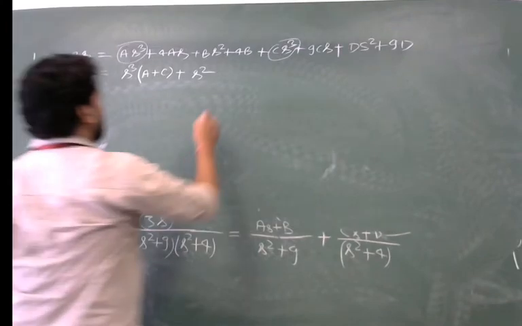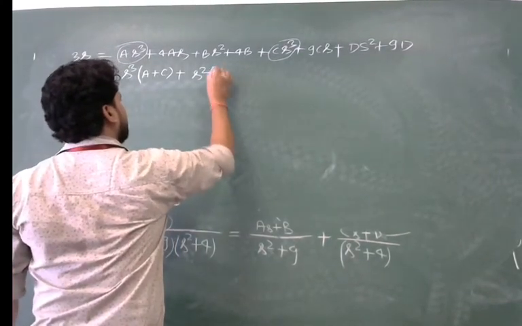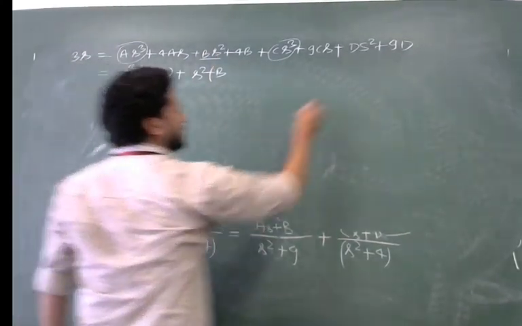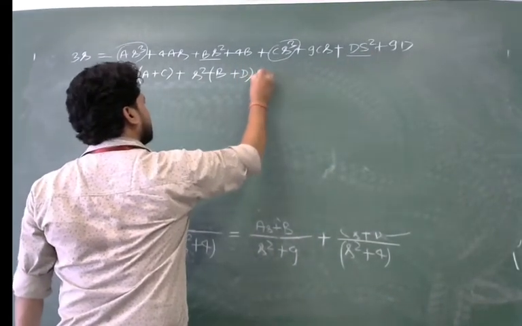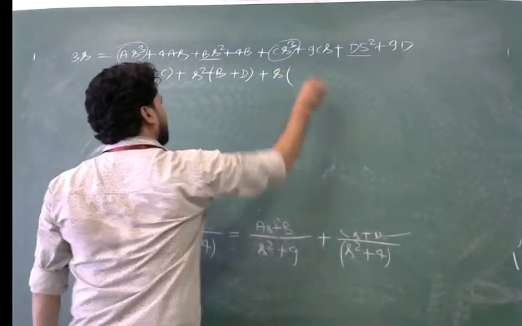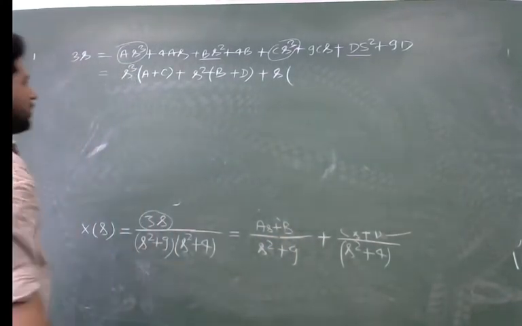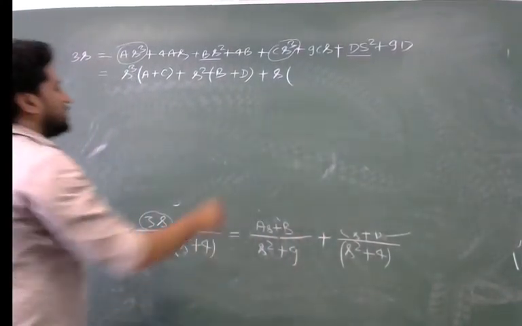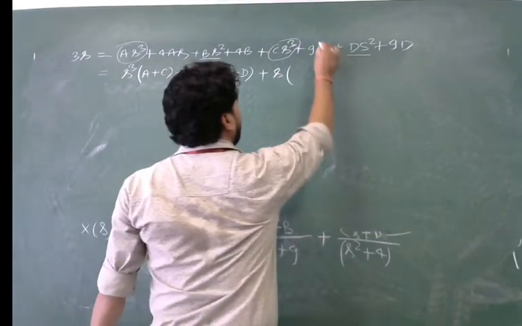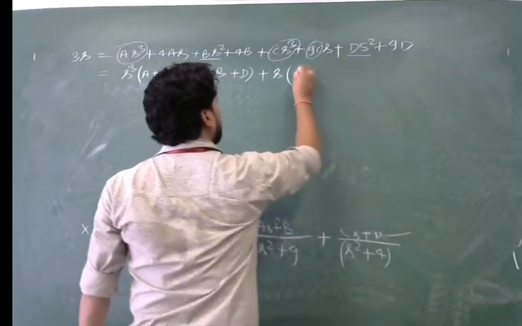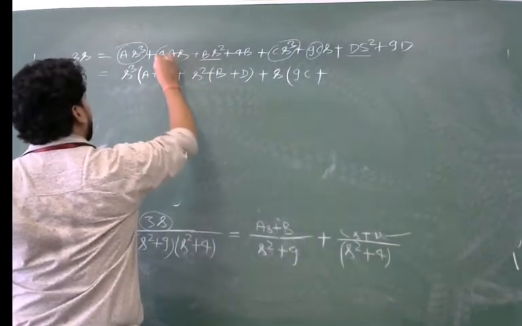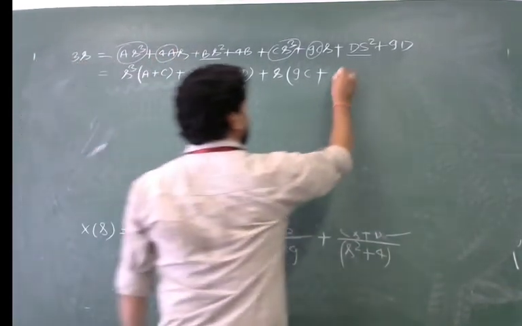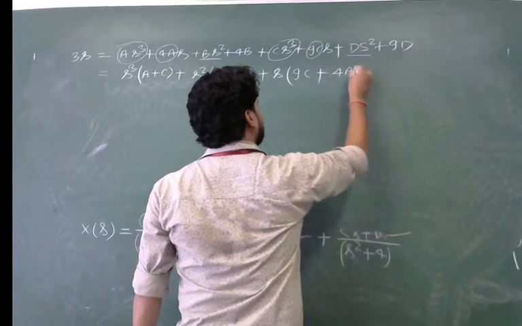So this will become b from here and d from here, so b plus d. Now if I take s power 1 common, I will get 9c from here plus 4a from here, so 4a plus 9c.